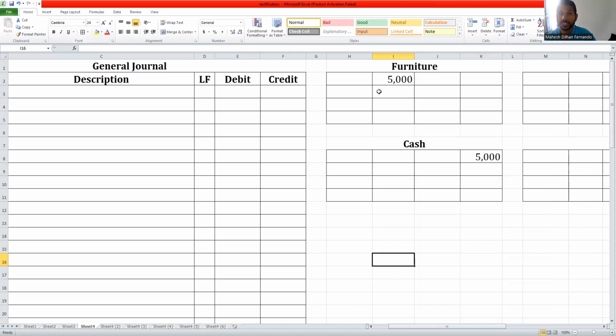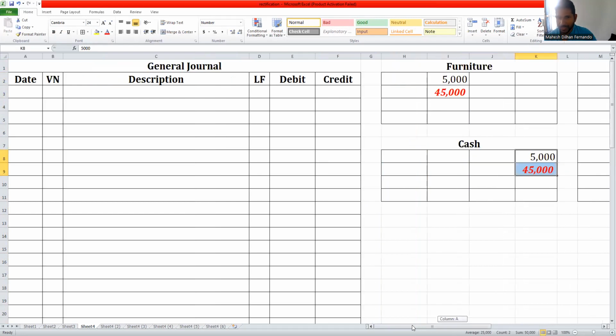The furniture account should be 50,000, so I have to debit 45,000: furniture debit 45,000, cash credit 45,000. Now see, the furniture is debited 50,000 and cash credited 50,000. This is rectified. Let's put the numbers; I have not given the dates.